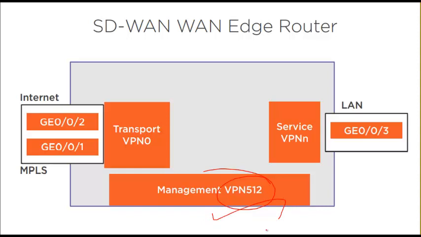So it is only for management, okay? No other purpose. You can SSH to a controller. So this is only for out of band connectivity. What is out of band connectivity? Meaning they are totally separate from other traffic. This is because it's a VPN, no? So 512 is a reserved VPN number for management ports.